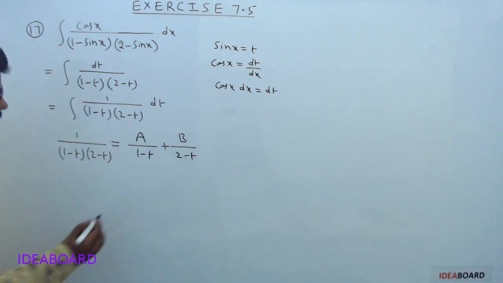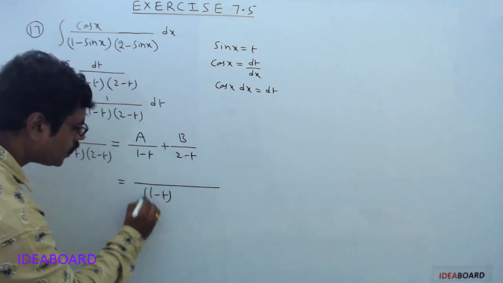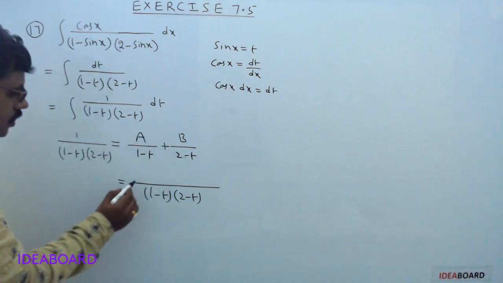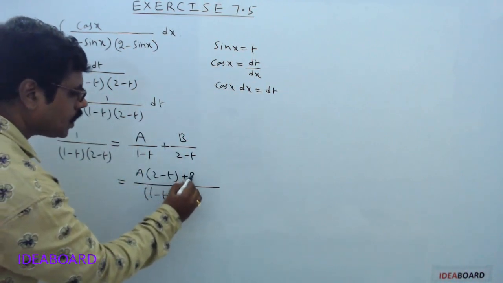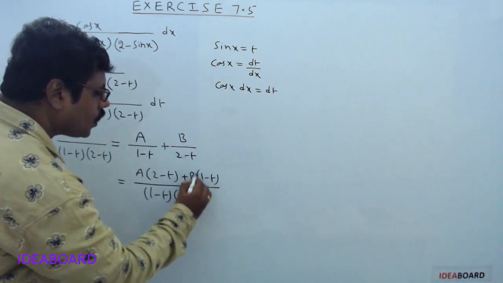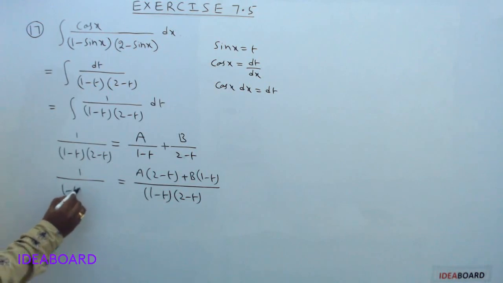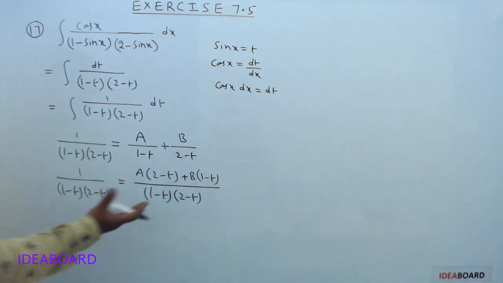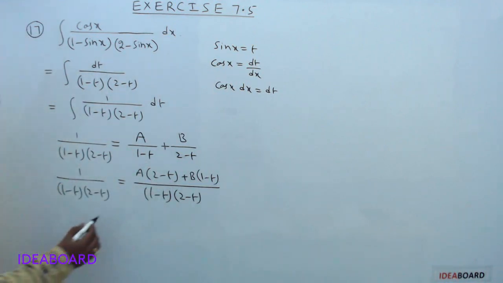Take the LCM. Here LCM is 1 minus t into 2 minus t. Corresponding numerator a into 2 minus t plus b into 1 minus t. Write down the LHS part as it is. 1 divided by 1 minus t into 2 minus t. Now here on both sides the denominator part will be cancelled.